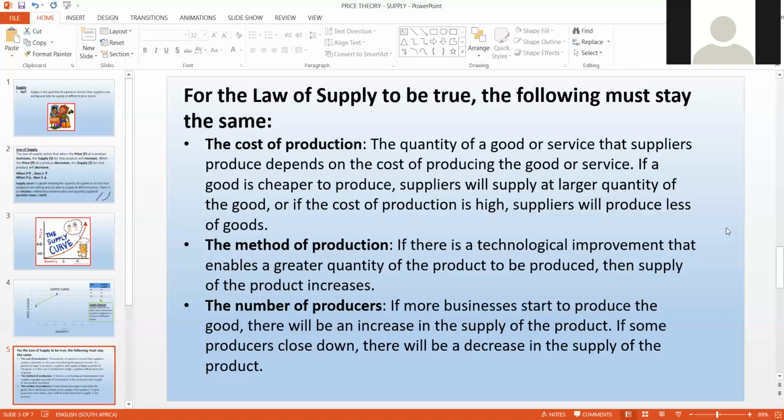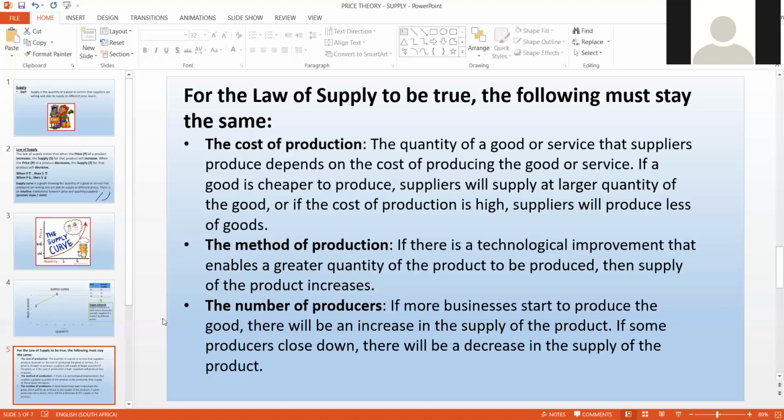So then other factors come into play. If my production cost goes down, it means I might be willing to supply more in the market at a cheaper price. So for our law of supply to be true, we say that the cost of production must stay stable or the same.